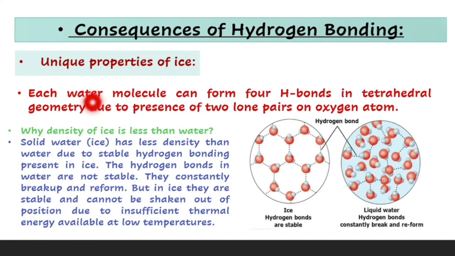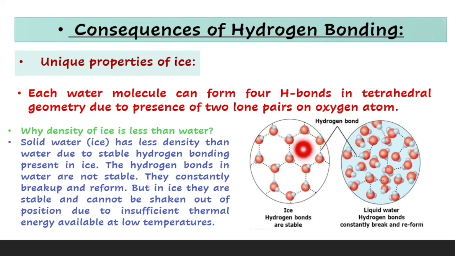Each water molecule can form 4 hydrogen bonds in tetrahedral geometry. This we already know, due to the presence of 2 lone pairs on the oxygen atom. Now why is the density of ice less than water? Ice has less density than water due to stable hydrogen bonding present in ice. At a low temperature, the hydrogen bonds present in ice get frozen in place, which creates more stability, and there will be vacant spaces in the ice which help its density to decrease.